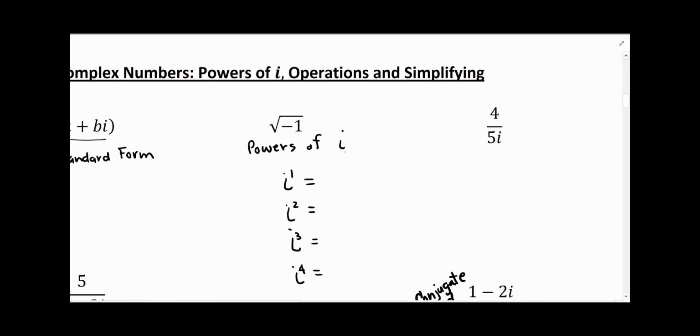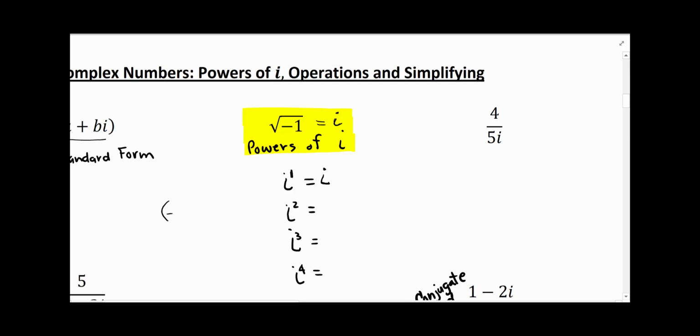Now, the powers of i, a very, very important skill and thing to know in some parts of math. You'll need to know it here. So the square root of negative 1 is equal to i. That's where we get the i from, right? So i to the first is just equal to i. Well, i squared, let's think about that.